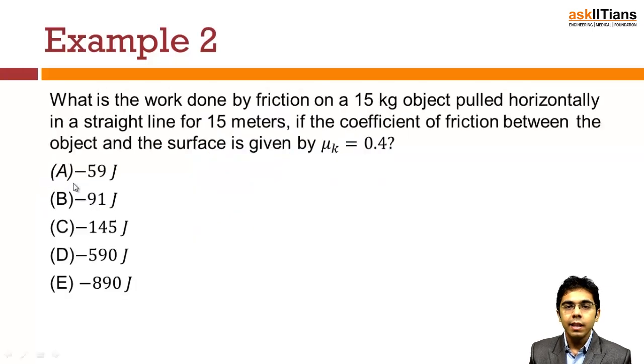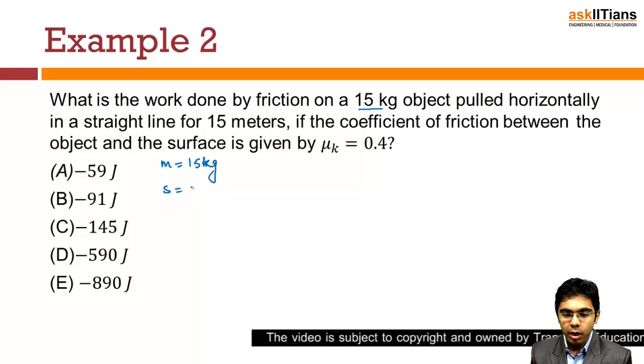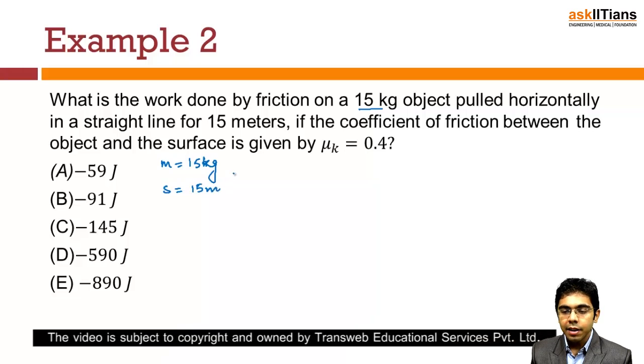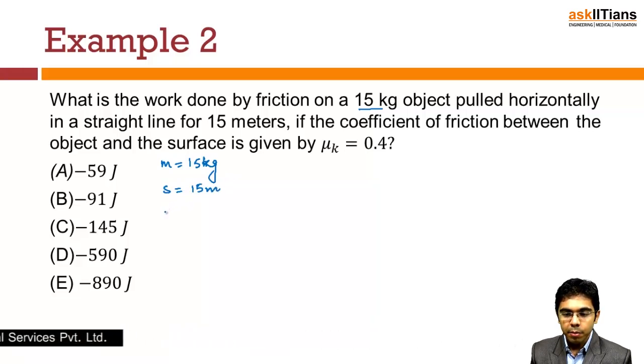Now let's look at the next example: work done by friction on a 15 kg object. The mass is given to us as 15 kg. We have to find it when the object is pulled horizontally in a straight line for 15 meters; the displacement is also given as 15 meters. The coefficient of friction between the object and the surface is mu k.